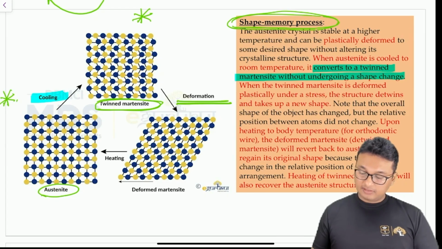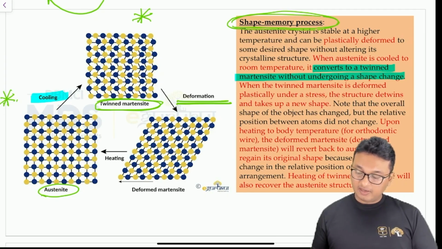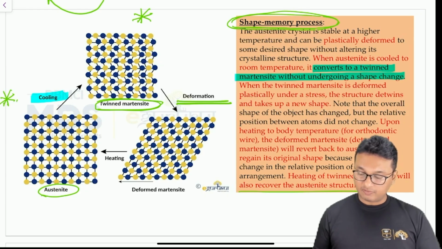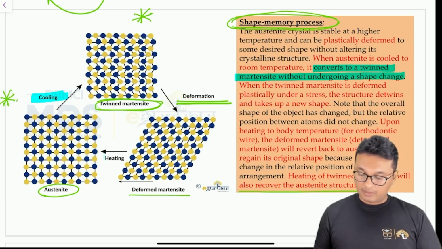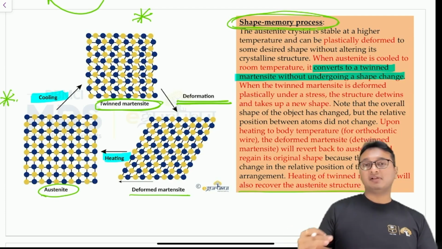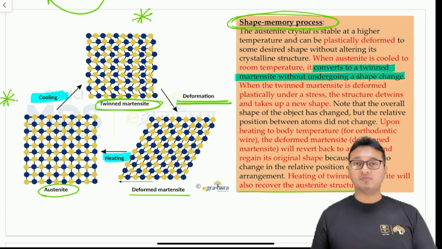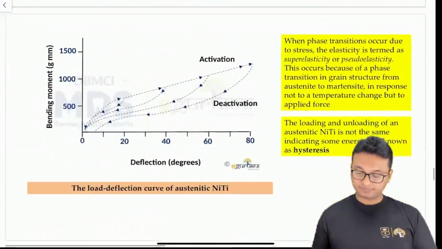And finally, heating of the twinned martensite will also recover the austenite crystal. That means once the deformed martensite is heated, upon heating, it will come back to the original form of austenite. So this process is known as shape memory effect.